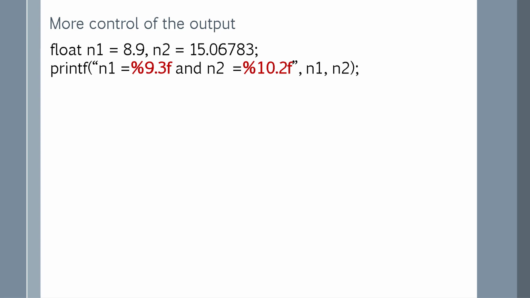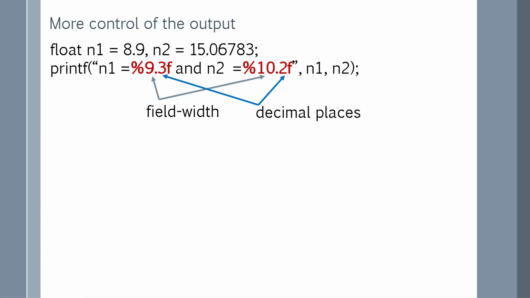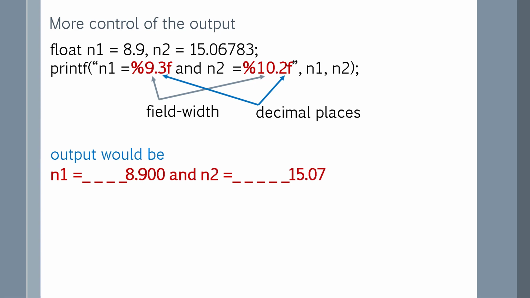When we want to display floats, we can specify not only a field width, but also how many decimal places to show. In this example, these numbers stand for field width, and these stand for the number of decimal places. Compare the output with the printf statement.